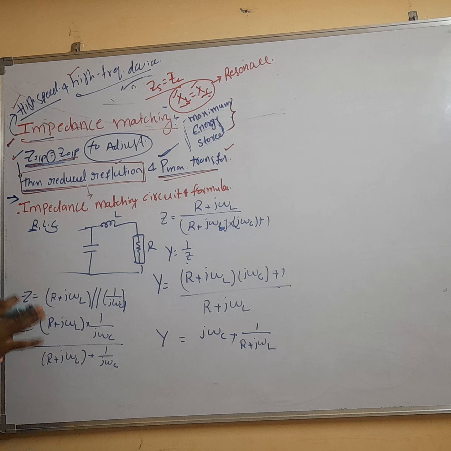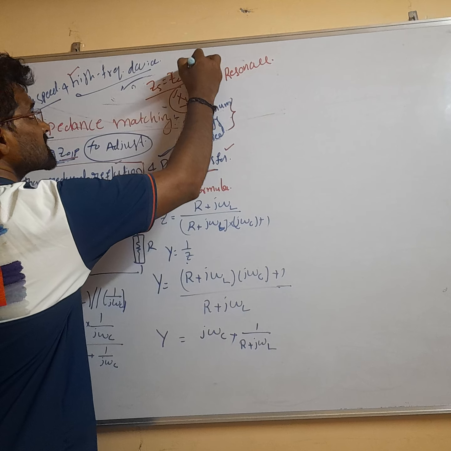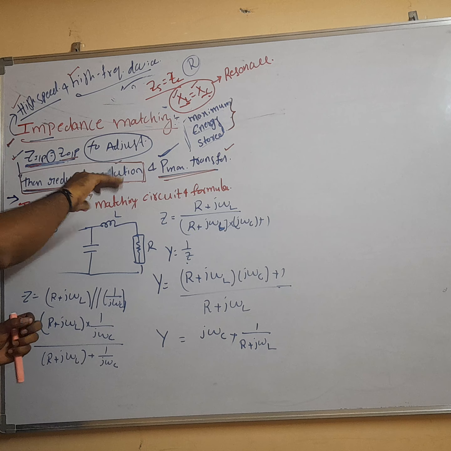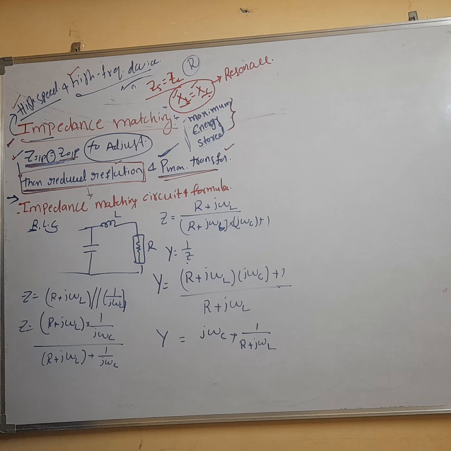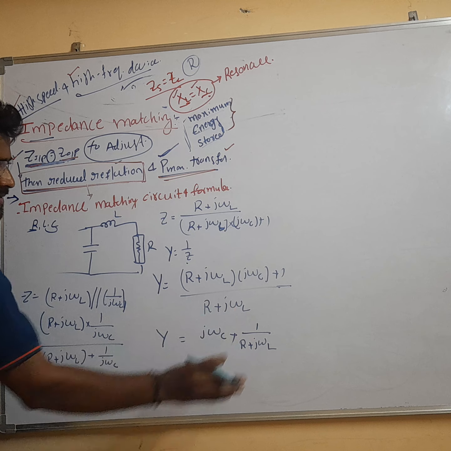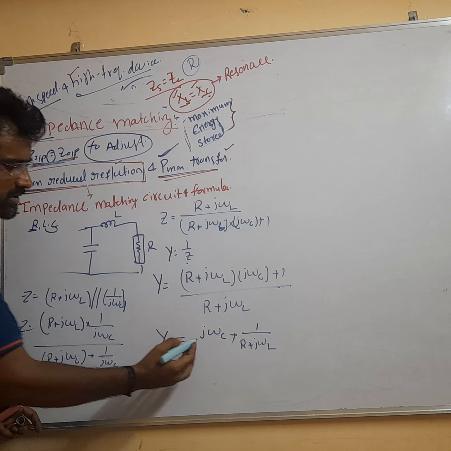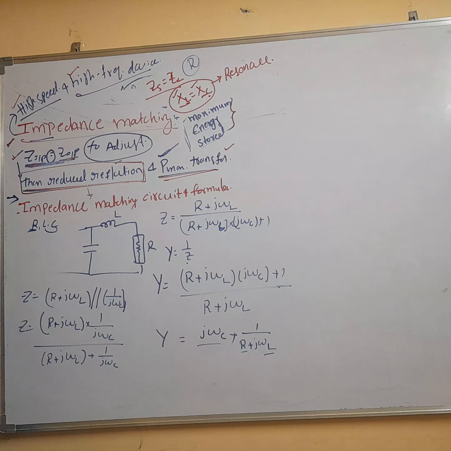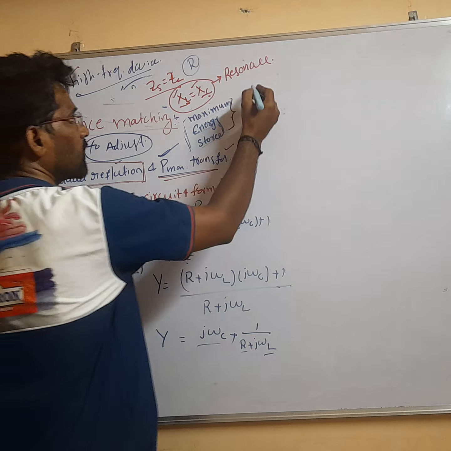From this we can observe and find out the resistance value, and in the same way we can find out the quality factor formula. Here these are the imaginary parts and these are the real parts. To separate the imaginary and real parts, we use a complex equation.